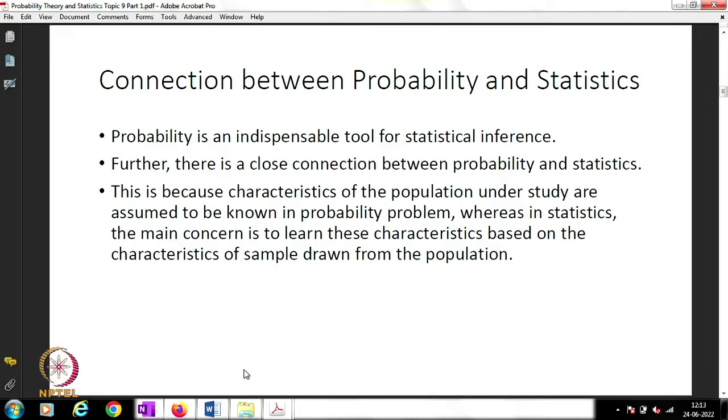In a nutshell, statistics is more of a study with the data, whereas probability is more about probability concepts.